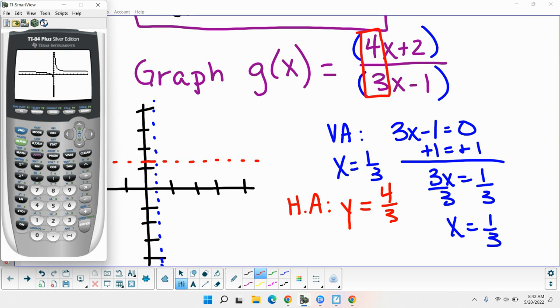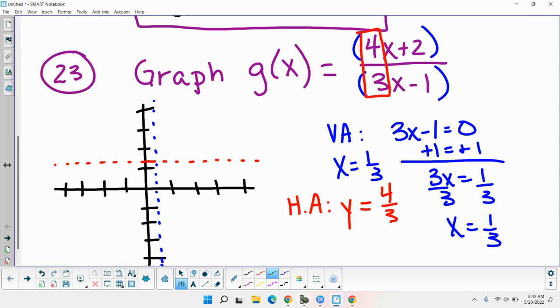So this one is here, and this one is up here. The asymptotes, those two lines, are where the graph won't touch. Our two branches don't touch those lines. That's what an asymptote is. You're also supposed to find domain and range, right? But once you know the vertical asymptote, you know the domain.